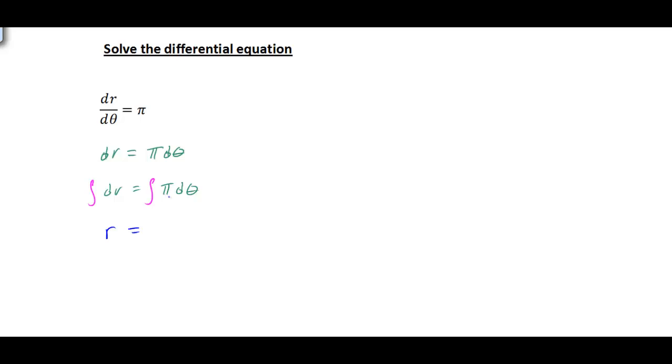Now keep in mind, everybody gets confused with pi. Pi is a constant, and our variable here is theta. So this would just become pi times theta plus c. And that is your answer. So again, we solve the differential equation here for r.